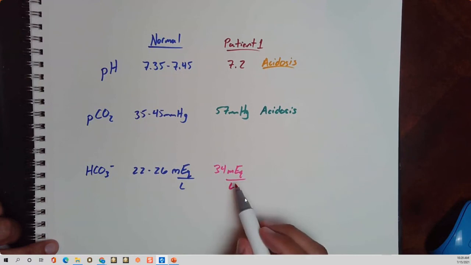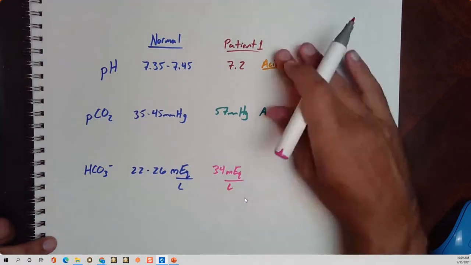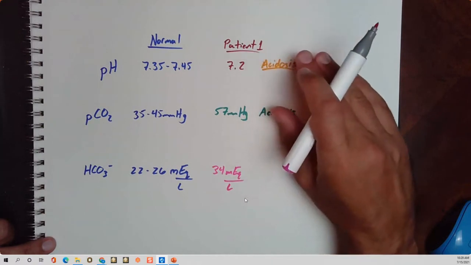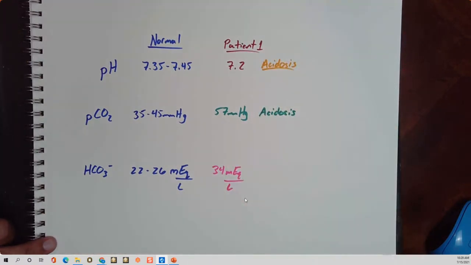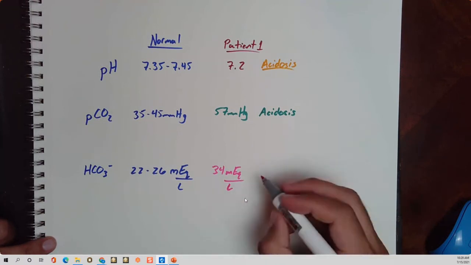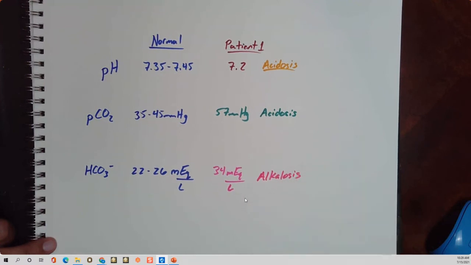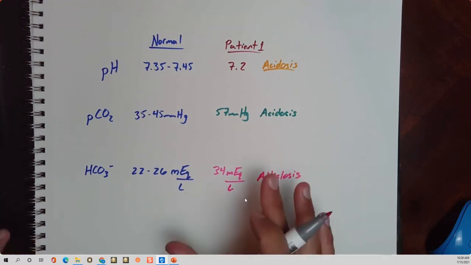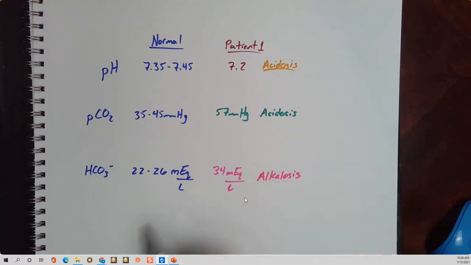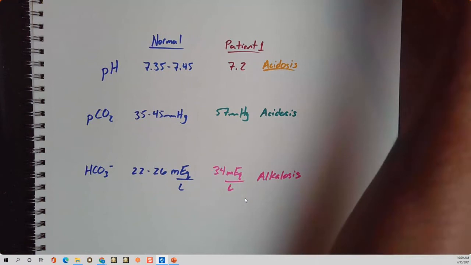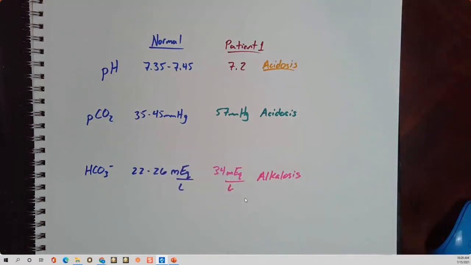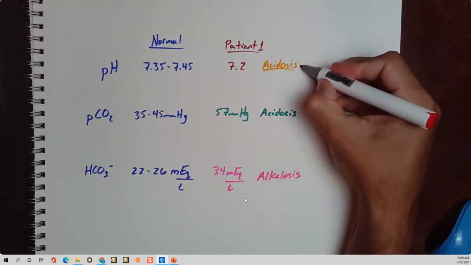And if my bicarb levels are too high, what would I be thinking of, acidosis or alkalosis? Don't think about anything else we've done so far. Exactly. If I have too many bicarbs, I might think this is alkalosis. These are actually indicative of real values you'd get from one patient. The way we use these values is as follows. What do you know this patient has? Acidosis.